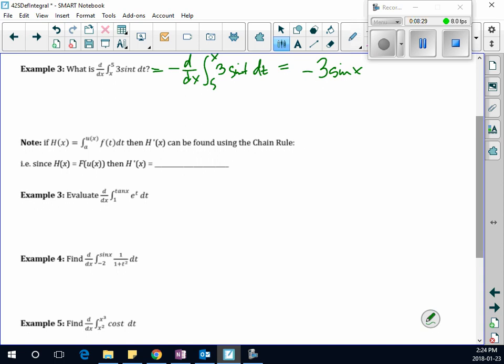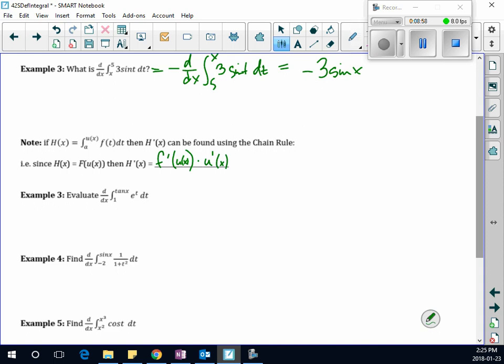Then the derivative is going to be, do you remember what we did with the chain rule? What did we do? So it's the derivative of this with the outside left alone. So it's going to be f prime of u of x times the derivative of the inside, which would be u prime of x. Yes?